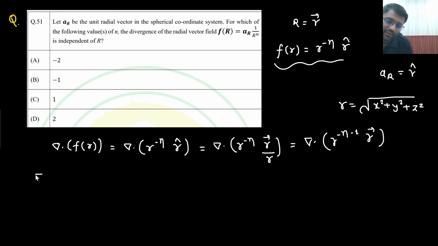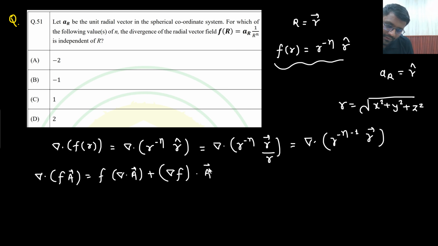Do you remember? Del dot f a vector: f comes outside, del dot a. Del will say that I will treat f and then dot a vector.